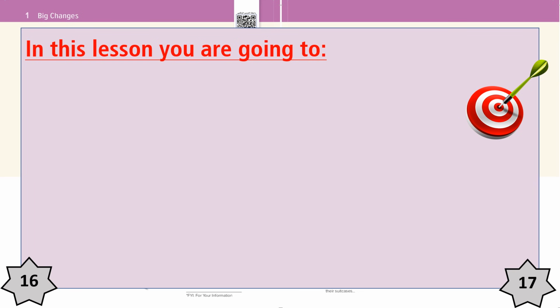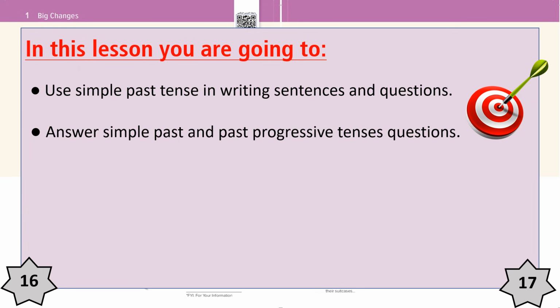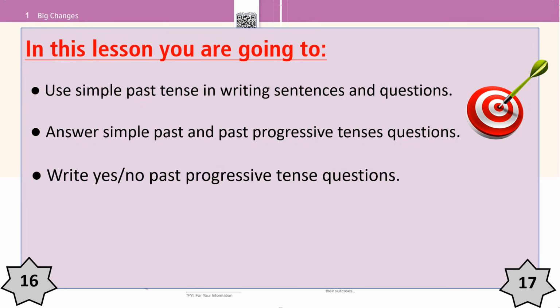In this lesson you are going to use simple past tense in writing sentences and questions. Answer simple past and past progressive tenses questions. Write yes/no past progressive tense questions.